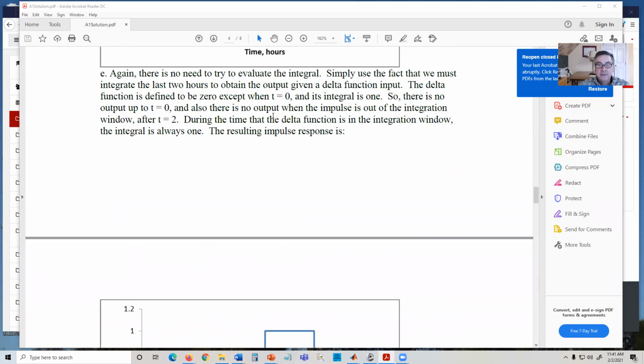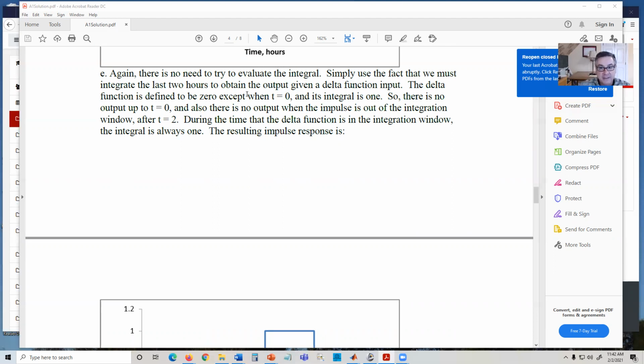Part E, and so this is the delta function input, right? We want the impulse response now, and so again, you could do it with the integral, but integrating with delta functions is a little funky, so we're not going to do that. Instead, we're going to use the fact that you integrate the last 2 hours, right? And so if that delta function is within our last 2 hours, we're going to get an output.